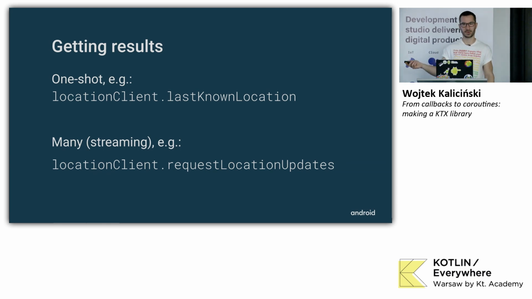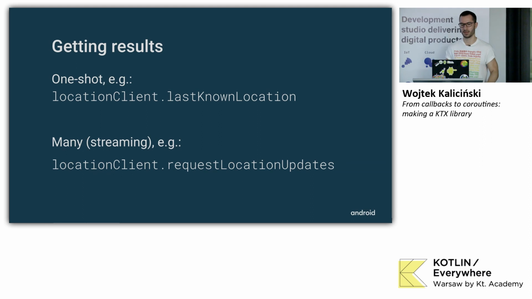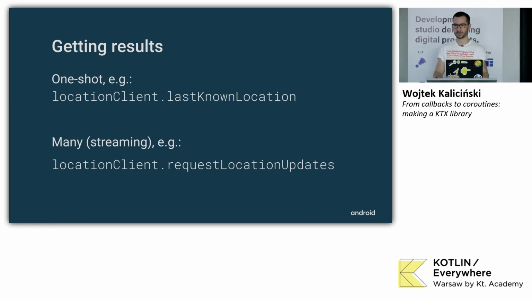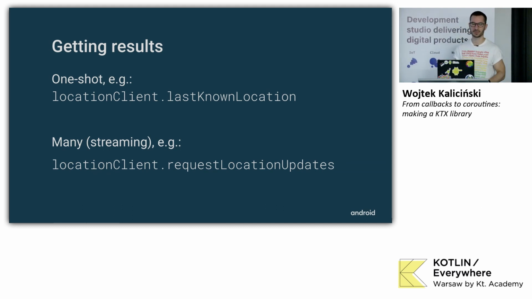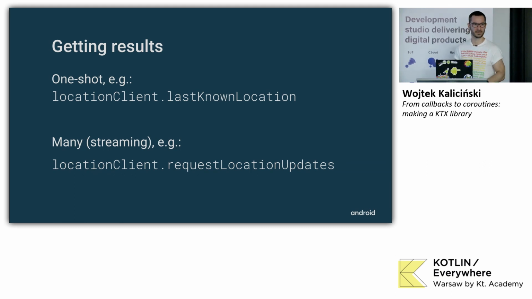However, for streaming requests, so something like request location updates, where you continuously want to be updated on where the user is when they're moving, based on different criteria, this requires emitting many events, right? And so here we start talking about streams, about something like Rx data, and here we're going to try to implement this in Flow, which now you are familiar with thanks to Alex's presentation.